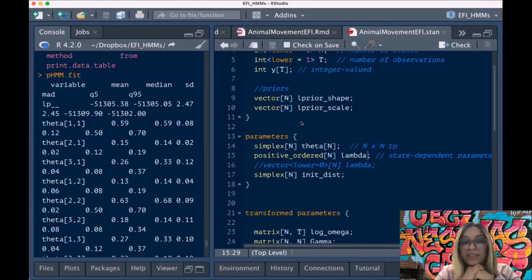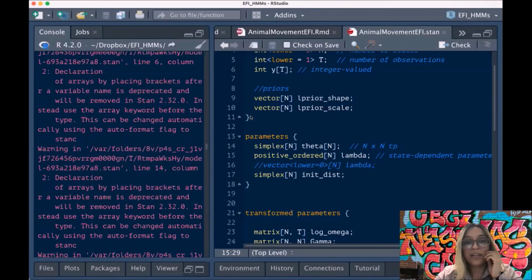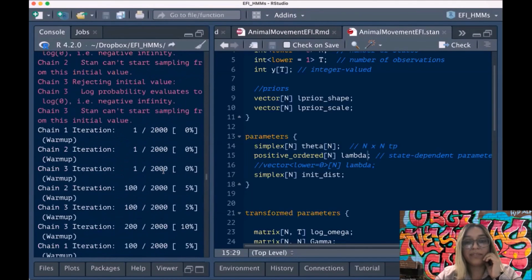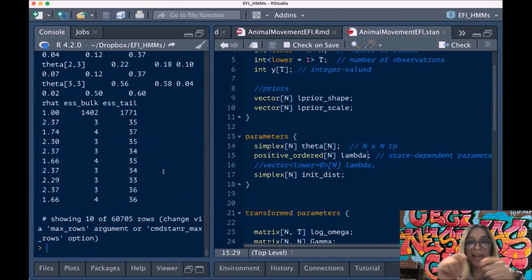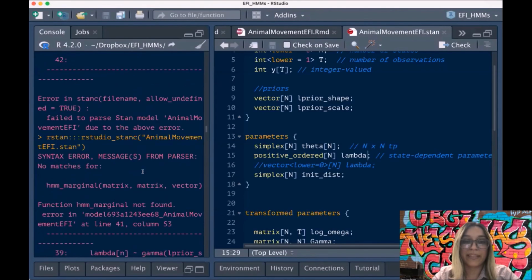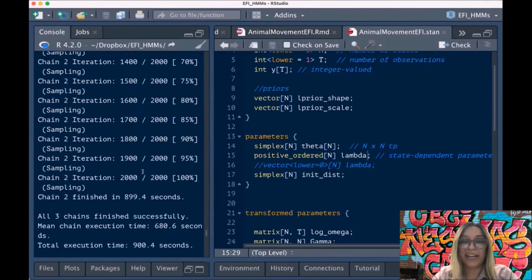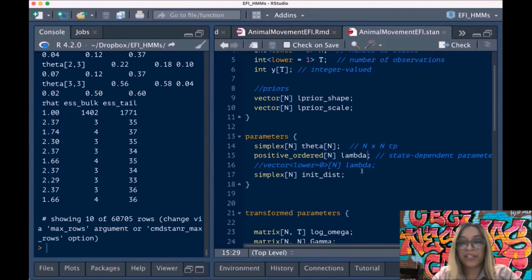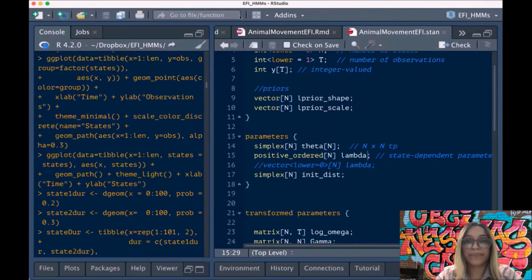So you can just change the way that you define lambda. You can rewrite it, or you could also use the fits that you already have and figure out which lambda value goes where across each chain. I think that was the big thing I wanted to point out. And you can also extract, like I said, the posterior distributions of the states from the entire state sequences as well. That information is in here.